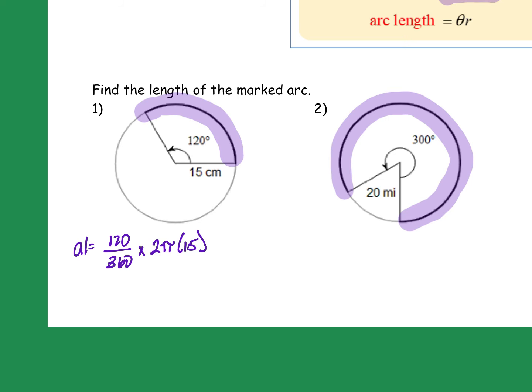And I get 31. So my arc length equals 31.42 centimeters. Okay?